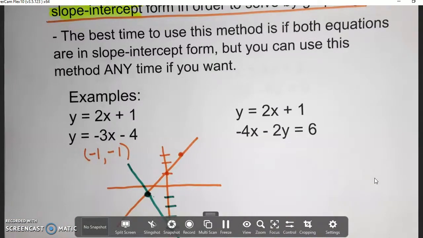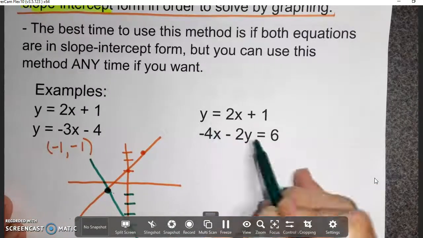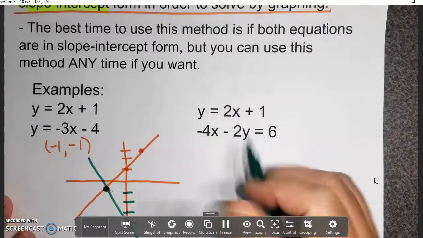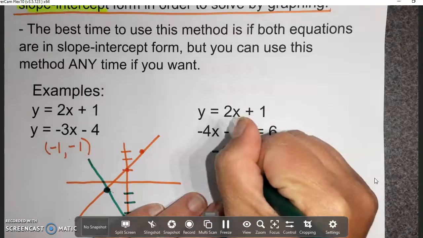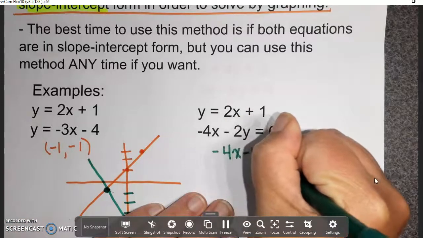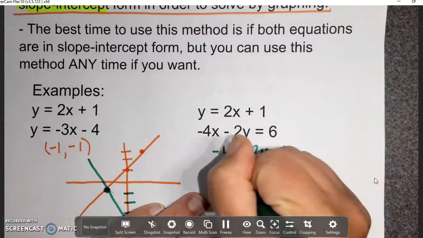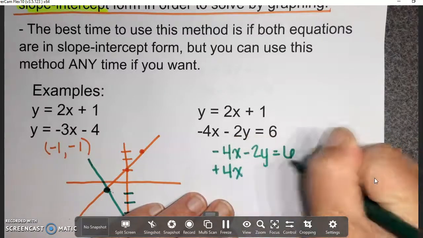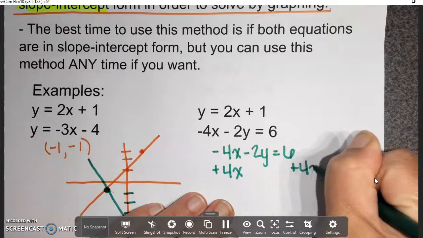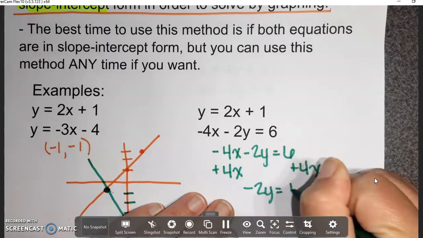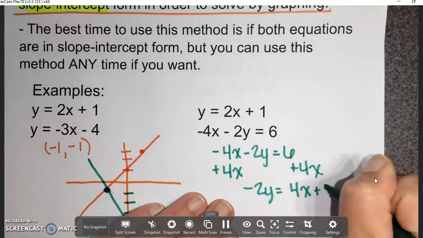So let's look at this one. Both of these are not in slope-intercept form. This one is, but I can put this one into slope-intercept form. So if I have negative 4x minus 2y equals 6, I'm going to add 4x to both sides to put it into slope-intercept form. Negative 2y equals 4x plus 6.